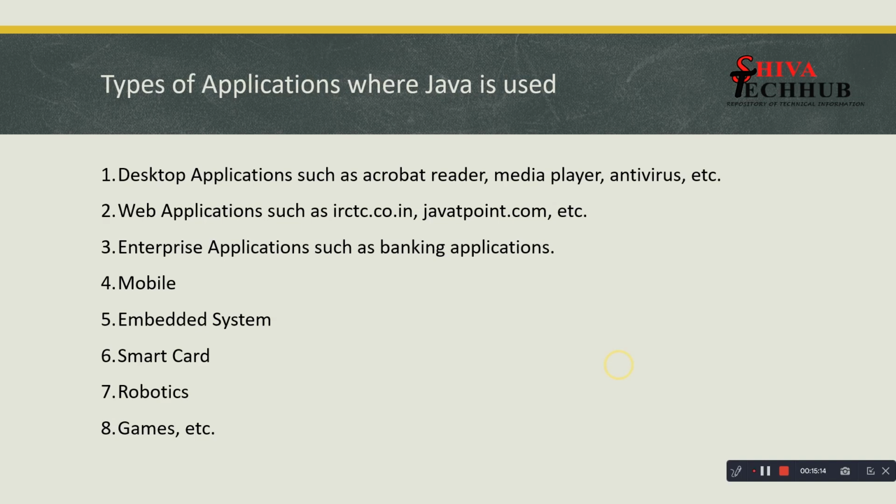There are also many banking applications where Java is used, and many mobile applications, and also embedded systems, which are a combination of hardware and software, smart cards, robotics, and games. There are many things. If I want to give you the figure, it will be in billions. There are billions of applications where Java is running nowadays.